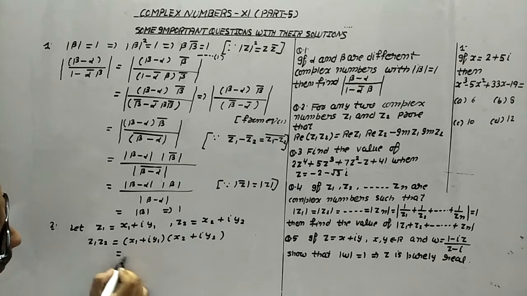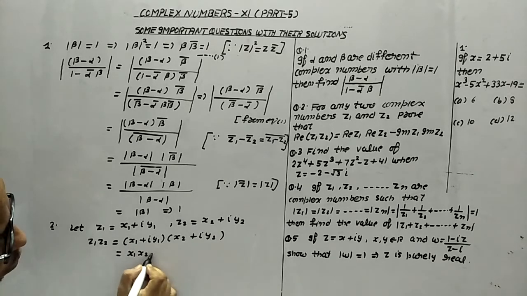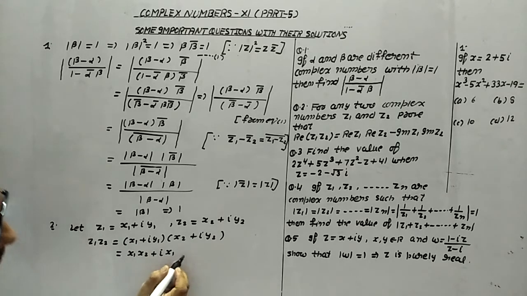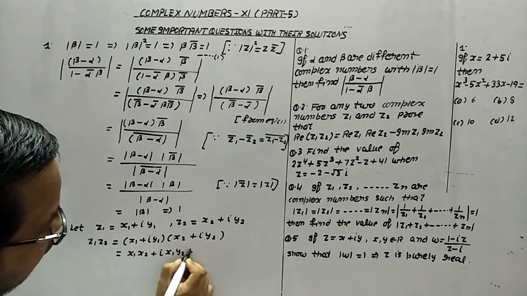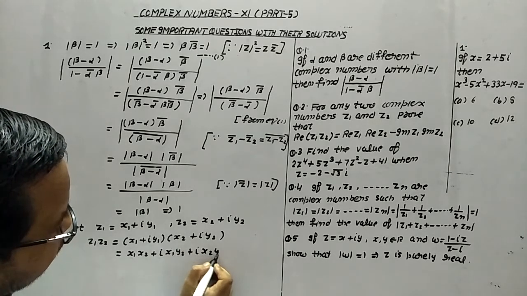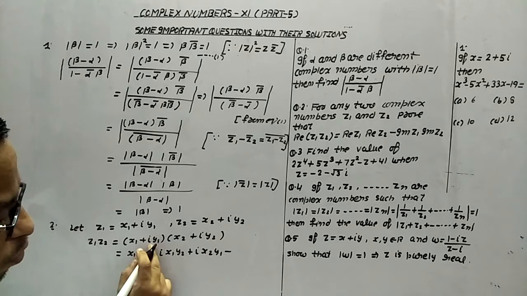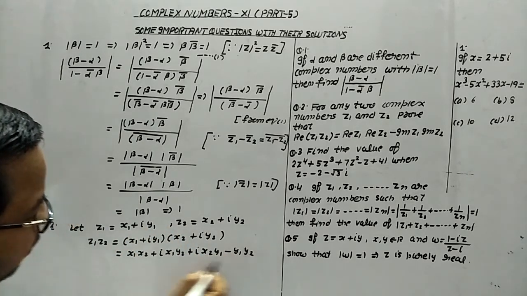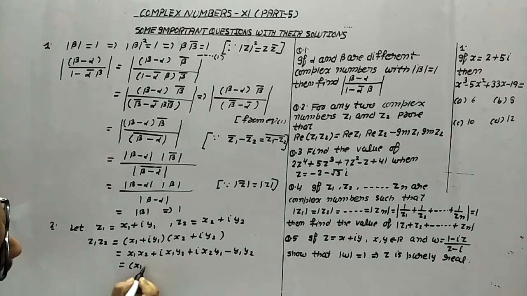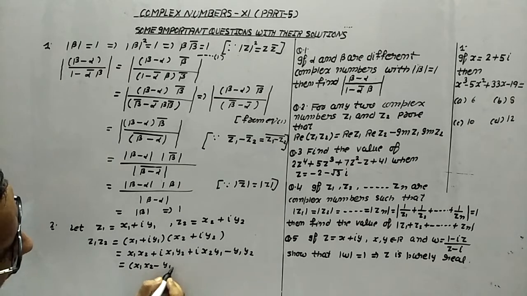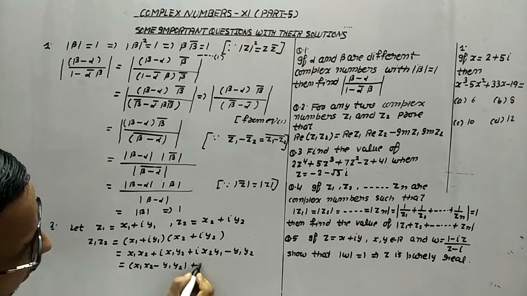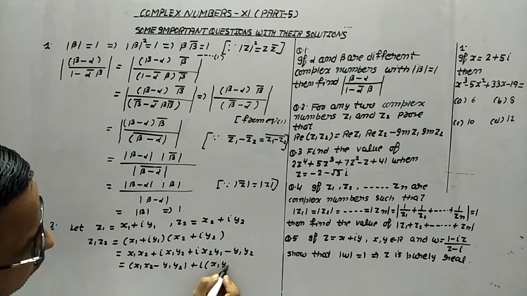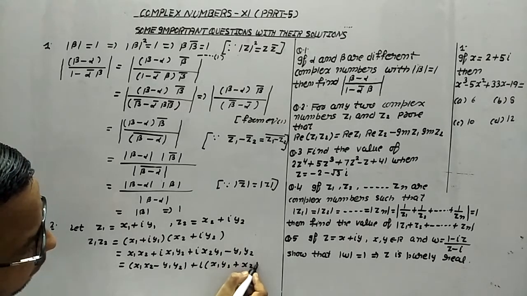Once you do the multiplication, what will come? x1 x2 plus i x1 y2 plus i x2 y1 plus i square y1 y2, and i square means minus 1. So this becomes x1 x2 minus y1 y2 plus i (x1 y2 plus x2 y1).